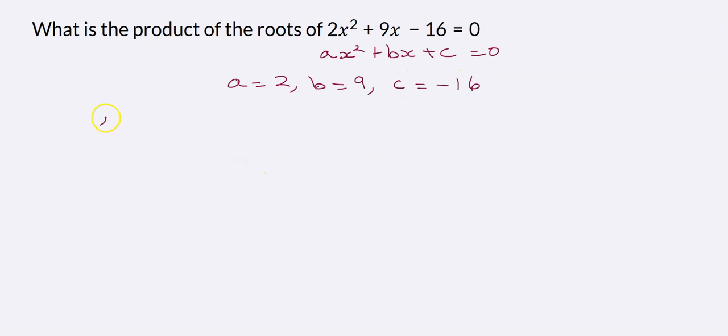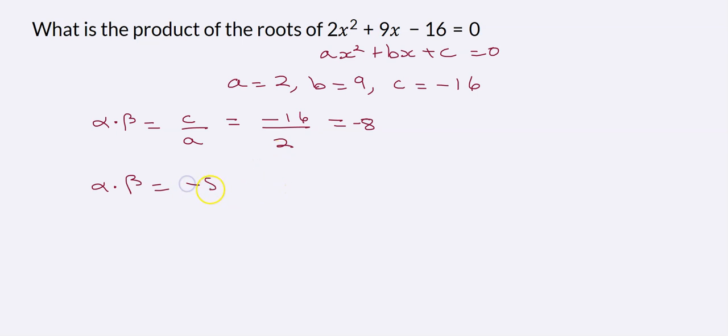We know that alpha multiplied by beta is going to be c over a. So let's substitute the values. c is equal to negative 16, a is equal to 2. This is going to give you negative 8. So the product of the roots of this quadratic equation is negative 8.